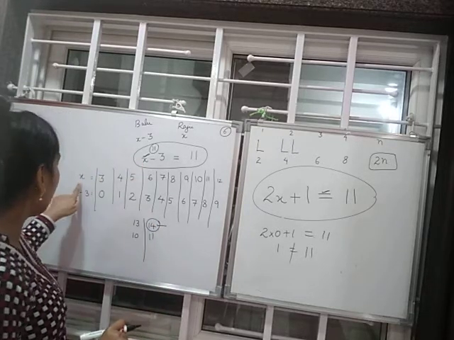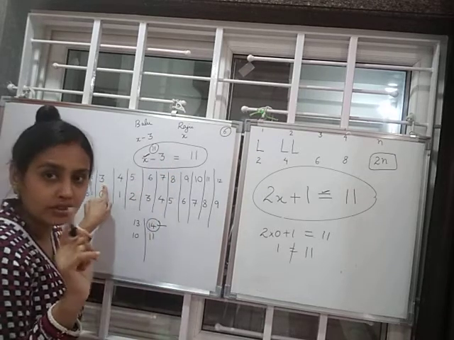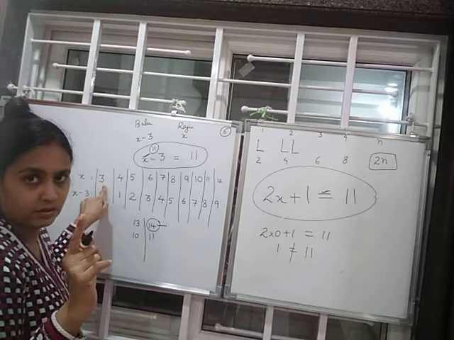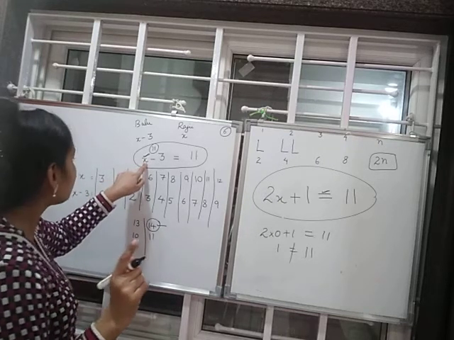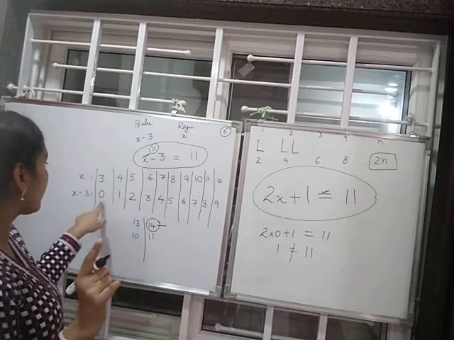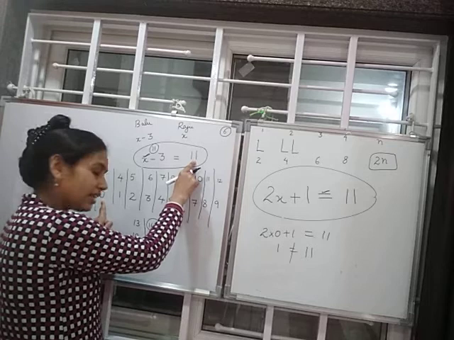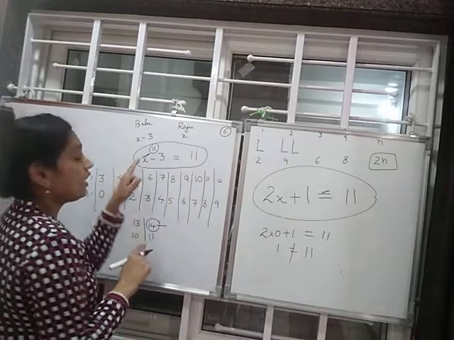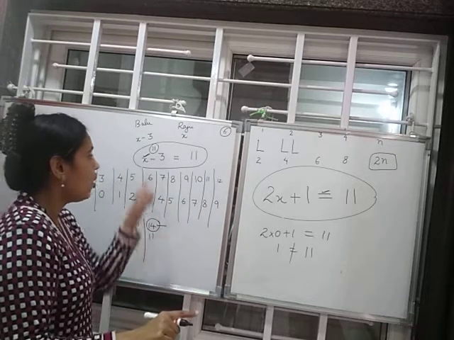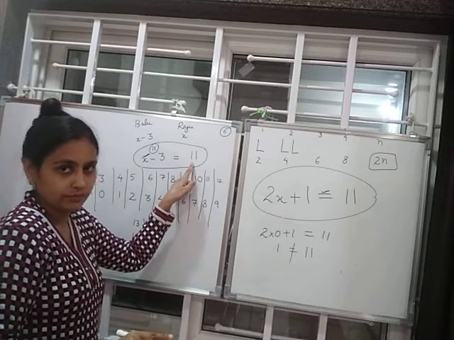If I say x is equal to 3 is the solution of this equation, then what will you say? No, it's not. Why? Because if x is equal to 3, then x minus 3 becomes 0, which is not equal to RHS.